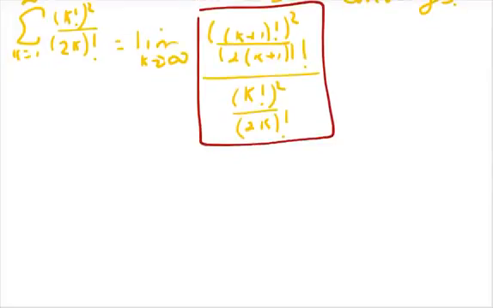All right. So this becomes the limit as k goes to infinity. You're just going to take this term, flip it, and multiply it.